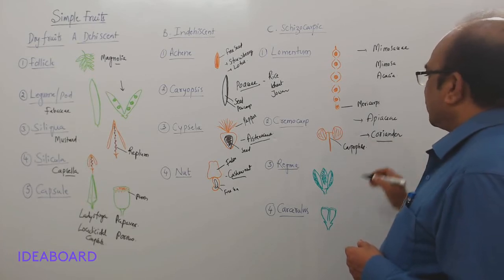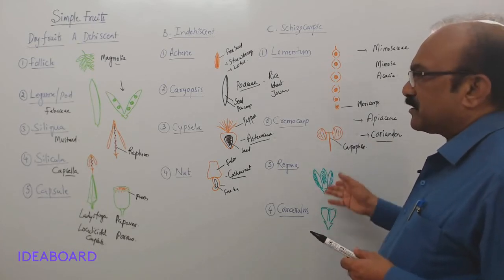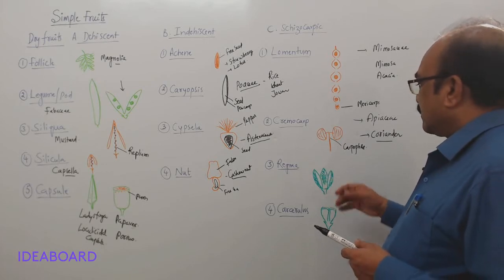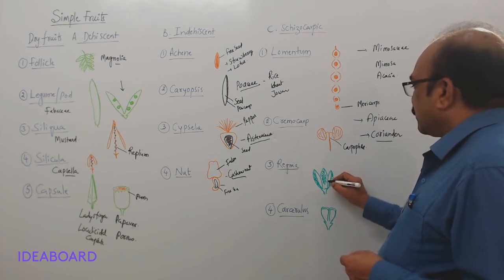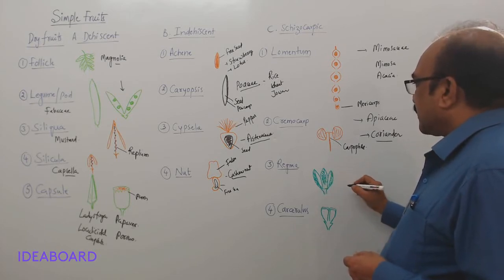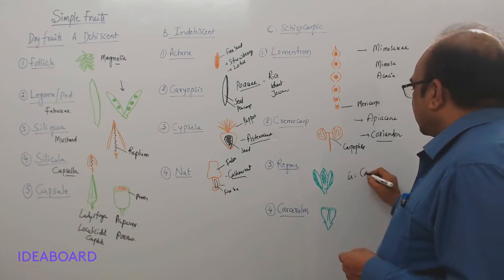Okay, so the example is coriander, and regma develops from a tricarpellary, syncarpous, trilocular, superior ovary, and of course here it will break up into three mericarps, and the example is castor.